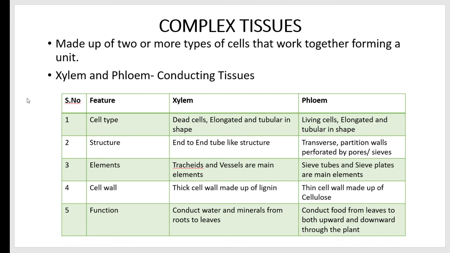That means the flow of water and minerals from root to leaves is just a single flow from downward to upward, which is performed by xylem. Whereas when food is stored in leaves or in other tissues, it needs to be conducted from leaves to every part of the plant, and phloem is responsible for conducting it.